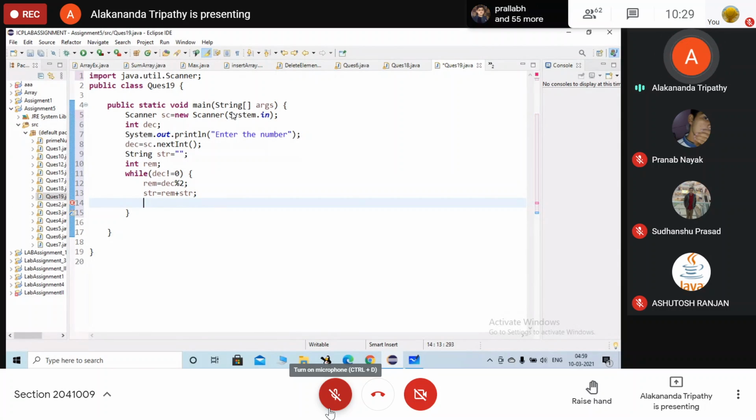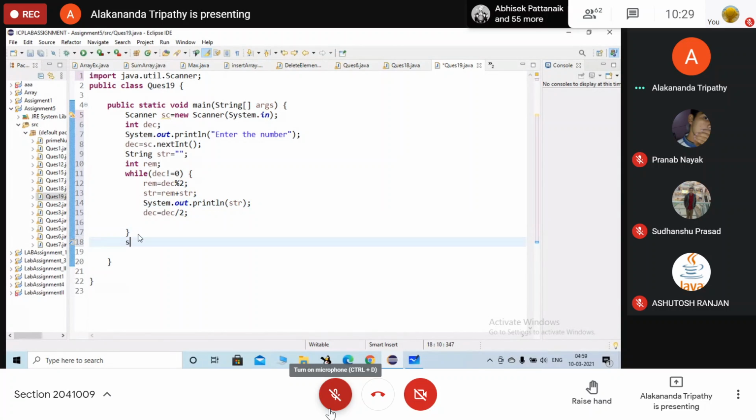And यहाँ पर डेसिमल लिया गया है, decimal is equals to decimal divided by 2. So here every time I am writing down the steps to print the value of str. Then str.